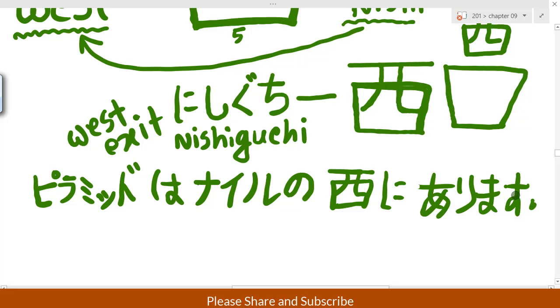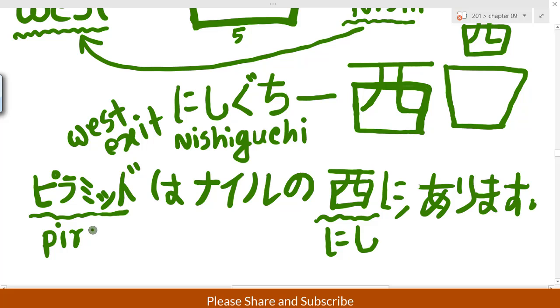So how many kanji here? We already used only one. This is nishi. Nishi ni arimasu. Piramido. Pyramid. Piramido wa Nairo.